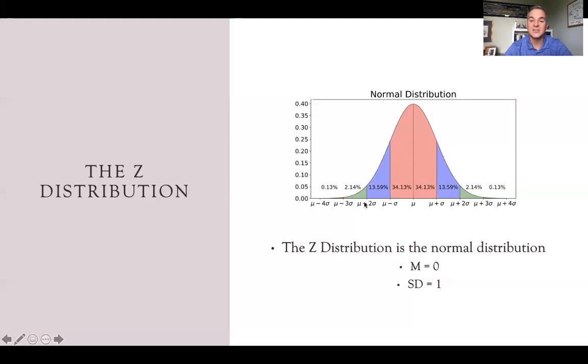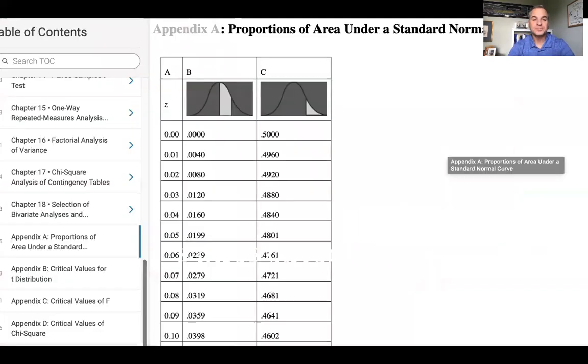A z of negative 2, about 97.5% of scores are above that, and about 2.5% of scores are below it. A z of 0, right at the mean, 50% of scores are above it, so 50% of scores are below it, because this is just a normal distribution. We're pulling these percentages from the normal distribution.